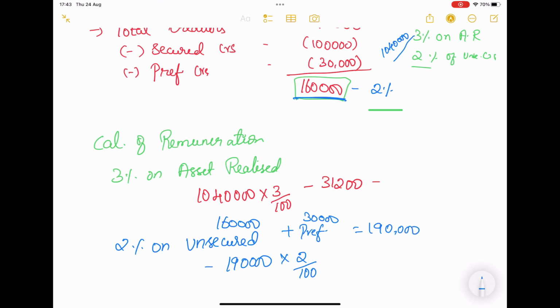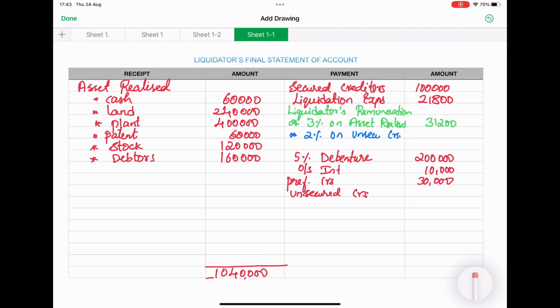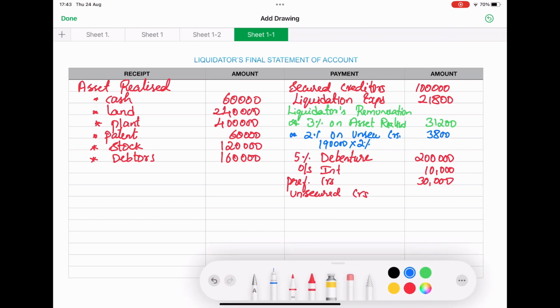So 1,90,000 into 2%, we'll get 3,800 as the value. This value will be written in the statement. So 1,90,000 into 2%, yes, we'll get 3,800. I hope you understand this concept.